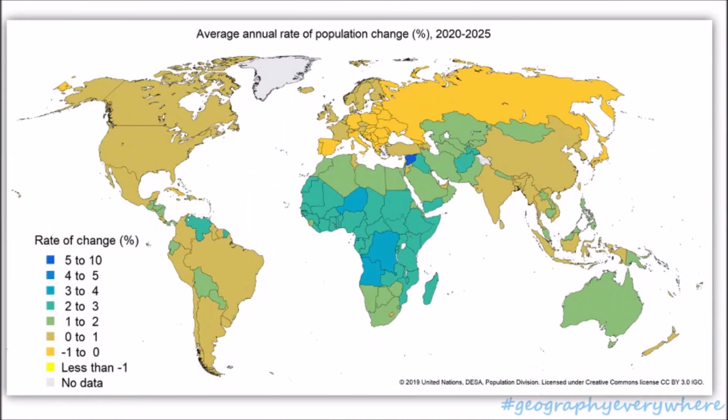With this map, we can now see the rate of population change. Take a look at the legend on the left. You can see that the countries with the highest rate of change, countries that will increase their population between 5 to 10% over the next 5 years, are found in Africa.